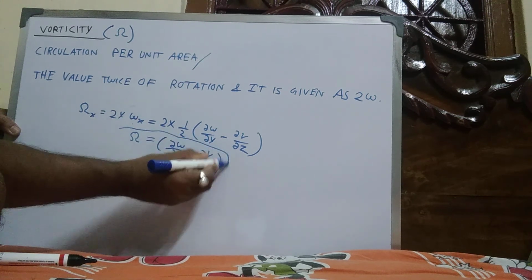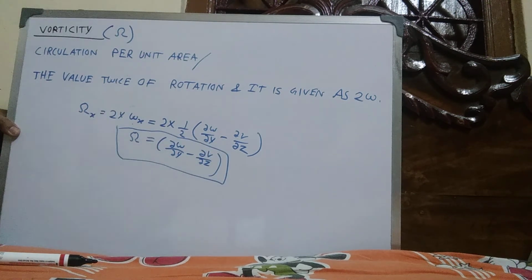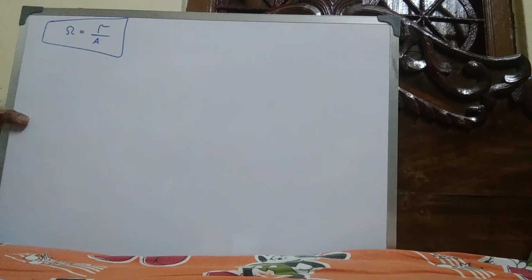This is the vorticity. Understand? Vorticity equals circulation per unit area. This is area A.